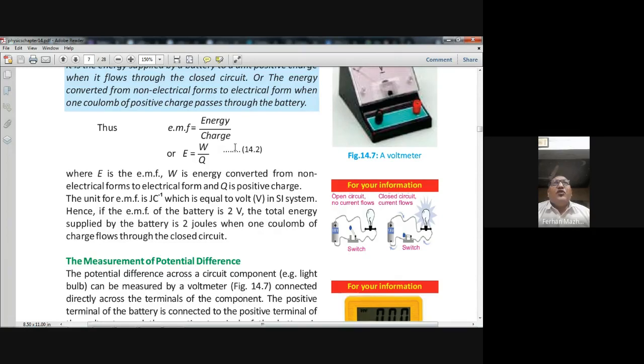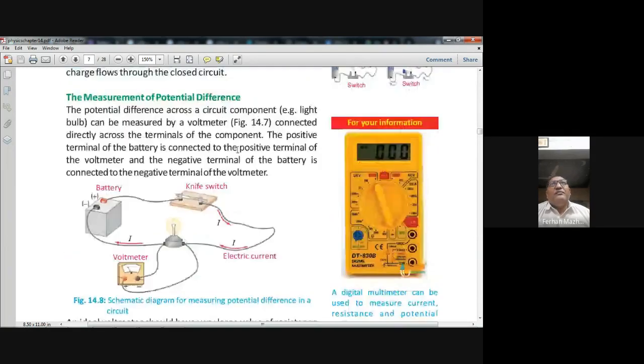Okay. So if you want to measure, for example, the potential difference across this lamp in the diagram showing on your screen, I will use a voltmeter. The voltmeter is always connected in parallel to the appliance across which you want to measure the potential difference.